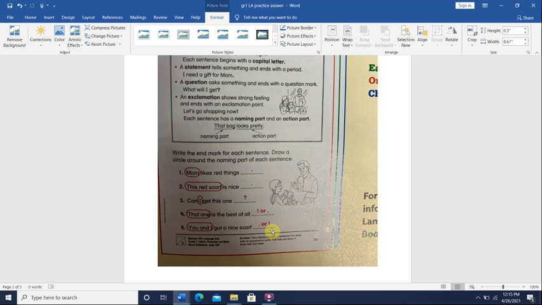Sometimes when you buy something, you're excited and you bought something that you liked. So it can be a period, or we can add an exclamation. Okay, and who is the sentence about? It's about you, the person that I'm talking to, and yourself, you and I. So remember, we circle the complete subject. Okay? And that was what we did in the practice.